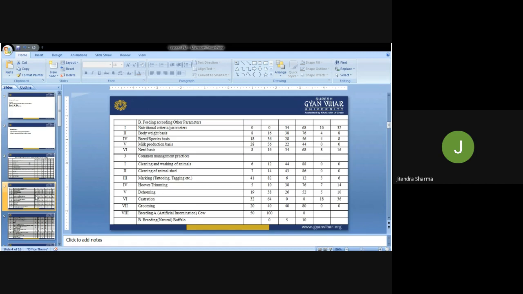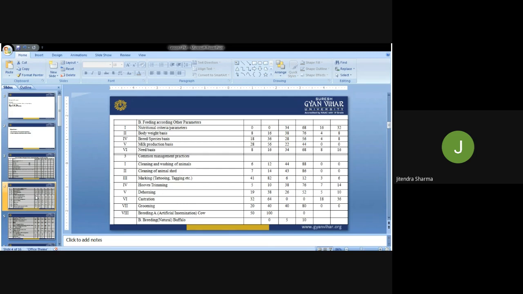Milk production basis, this is actually the direct commercial angle. Almost 56%, more than 50%, are keeping in mind how much to feed to animals that are giving milk.